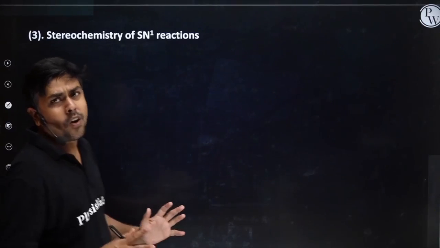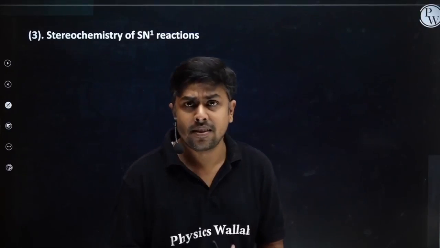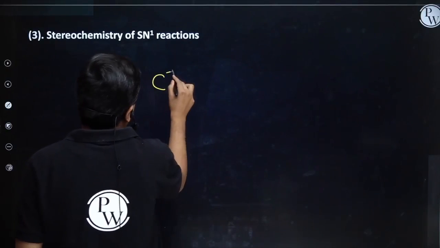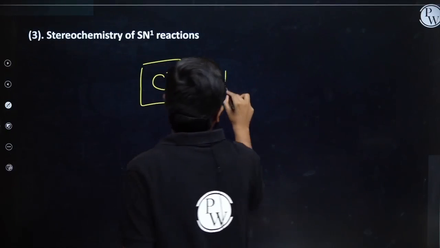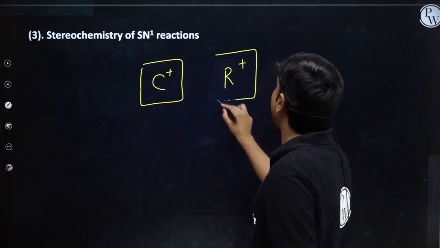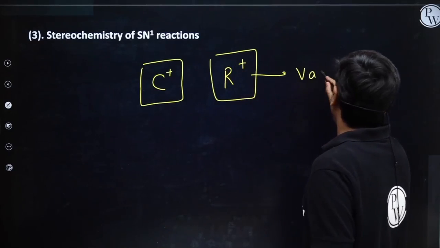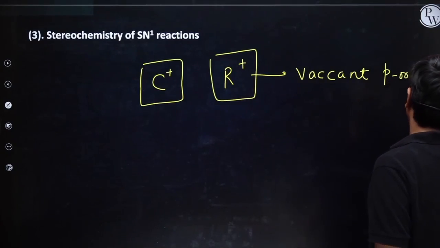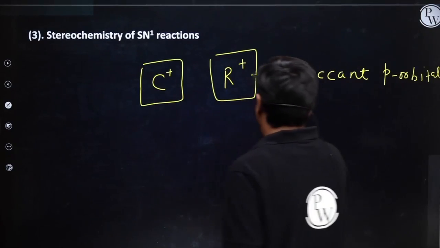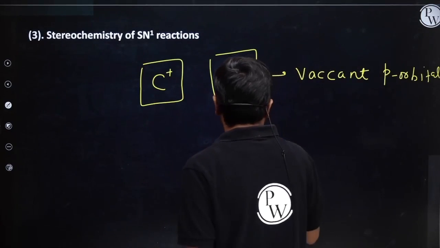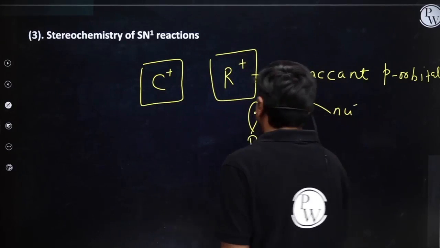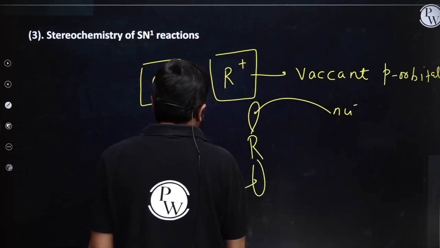Student, if I talk about the stereochemistry of this SN1 reaction, we get carbocation C plus or we get R plus. This R plus is having a vacant p orbital, right? I will have a geometry like this, R. So the nucleophile may approach from the front side as well as the nucleophile may approach from the back side.